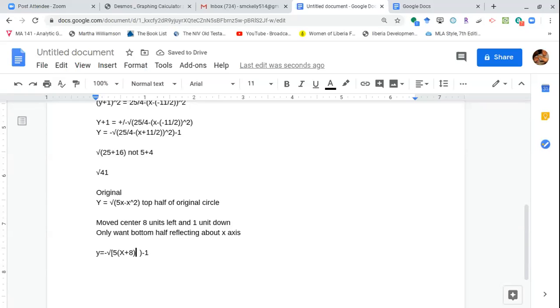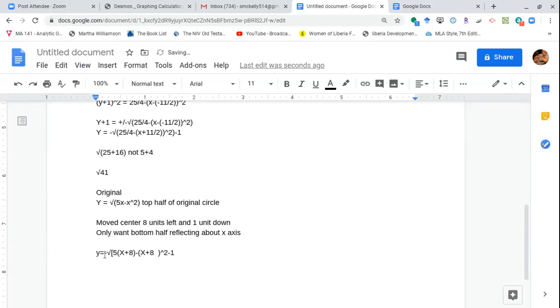So this tells me I moved it 5 units. Now this is going to be minus, and then I'm going to have x plus 8, except that that part is going to be squared, not the 5x part, but this part here. So I'm going to end up having to manipulate that.